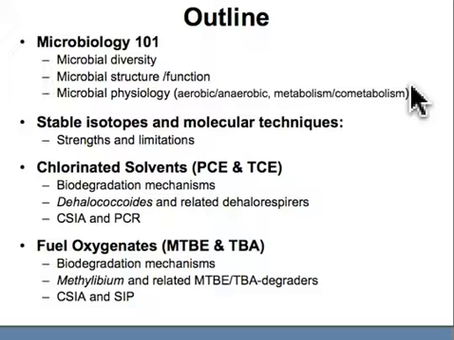We're also going to talk about, to a lesser degree, but perhaps just as importantly from my perspective as a microbiologist, how stable isotopes can be used in conjunction with or to amplify what are called the molecular techniques, these molecular biology techniques. And these molecular biology techniques really interrogate these biomarkers, the structure and function of these organisms.